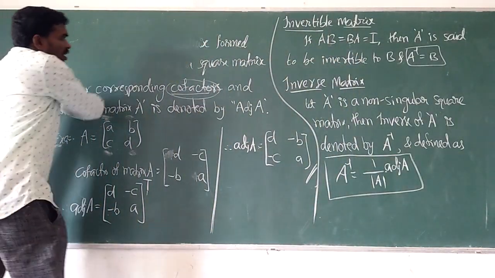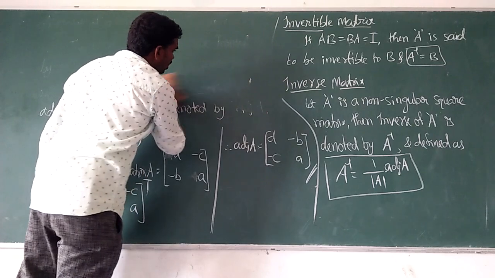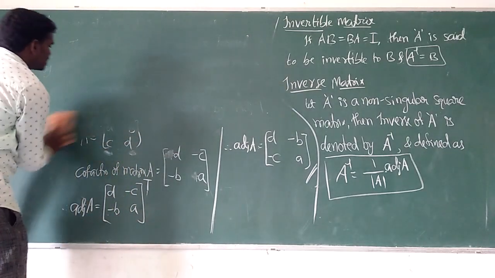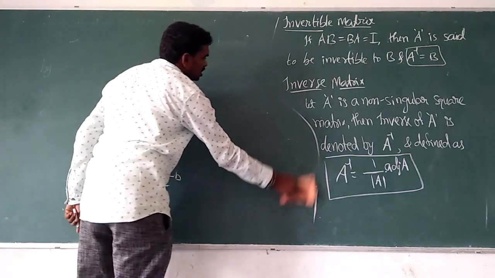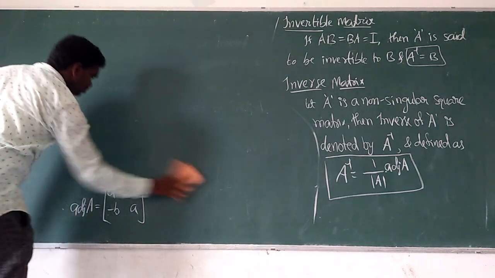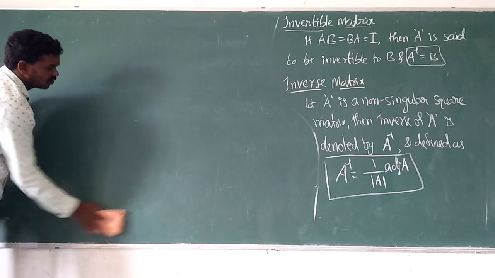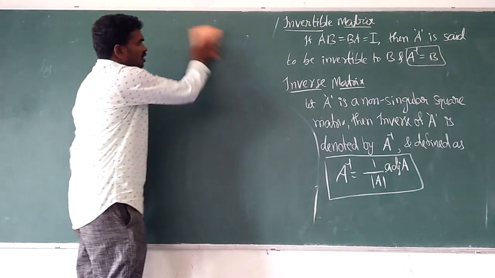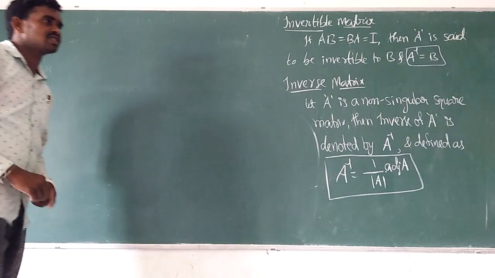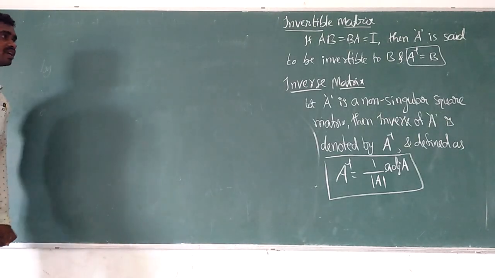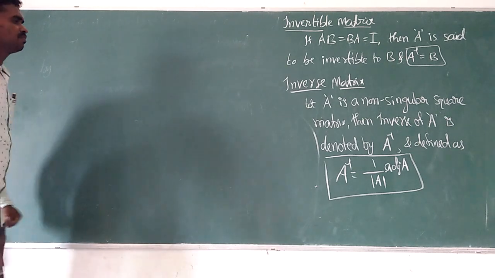Understanding is important, and then based on the concept, how to solve the sums is also most important. If we are capable of solving the sums, we are capable of getting a good score.